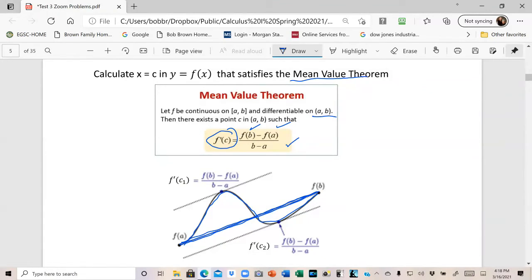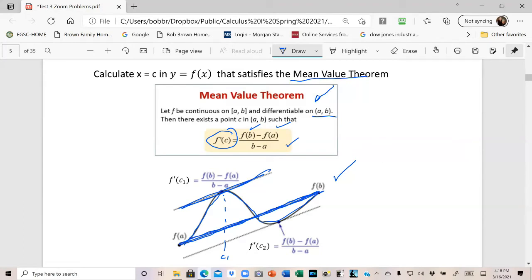It says that if all these conditions are met, there's got to be at least one point where the slope of the tangent line is equal to the slope of the secant line between A and B. And here in this example, you'll see point C1, where the slope of the tangent line, if you drew it, would be parallel to the secant line.